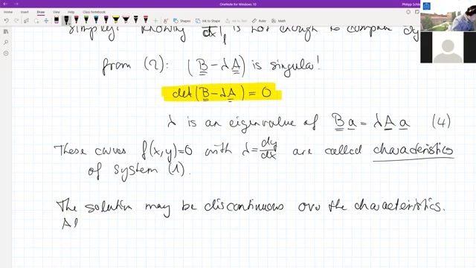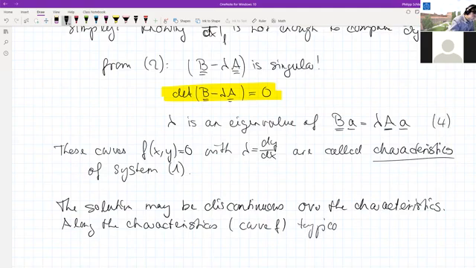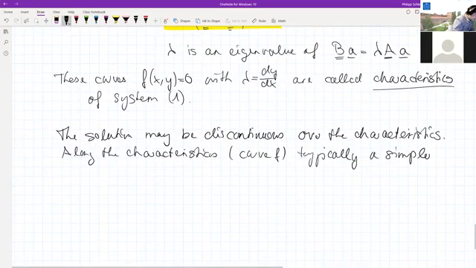But along the characteristics, that means the curve f, typically a simpler equation holds.